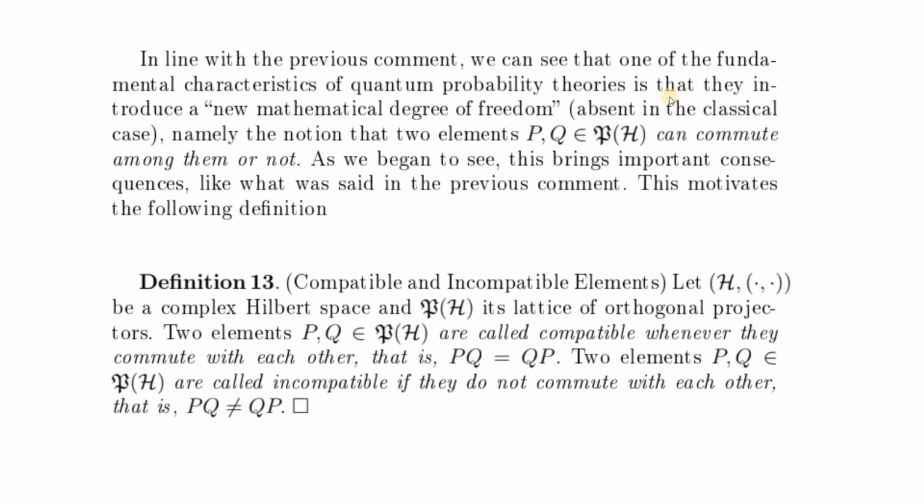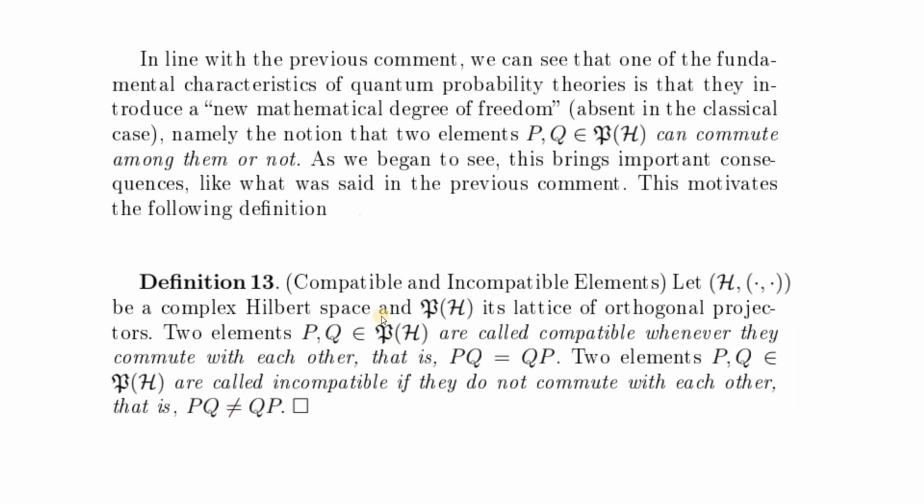But in this definition, we have what we could call a new mathematical degree of freedom, not present in the classical case, which is that now two projectors can either commute or not. So we call two projectors compatible when they commute, and incompatible when they do not commute.